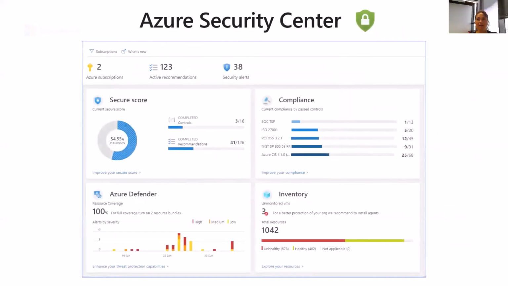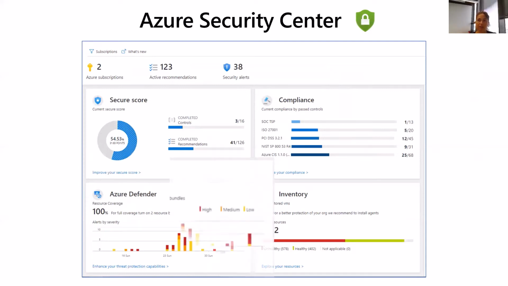Now, naturally, for this conference and this session, we'd like to focus on protecting SQL data. But a good starting point in this journey is Azure Security Center, which is a dashboard that helps security professionals strengthen cloud security posture, track compliance state, and manage workload protection.